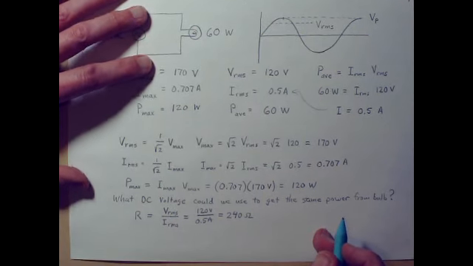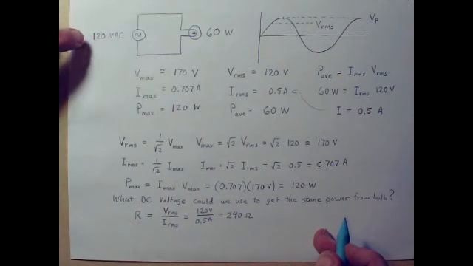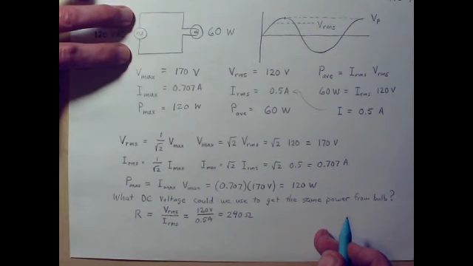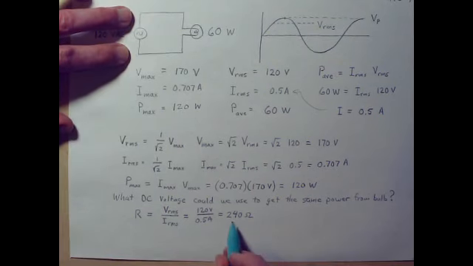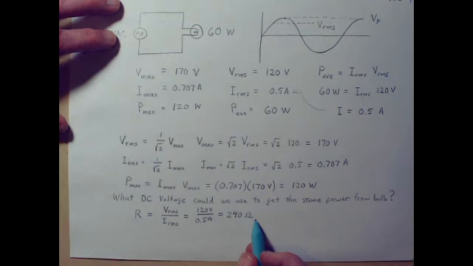So that's the resistance of the bulb. Now, with that resistance, can we figure out what voltage we should apply to it if we were using DC instead? The idea is you want to come along with a DC voltage and, with a known resistance of 240 ohms, try to get the right amount of power coming out of it.